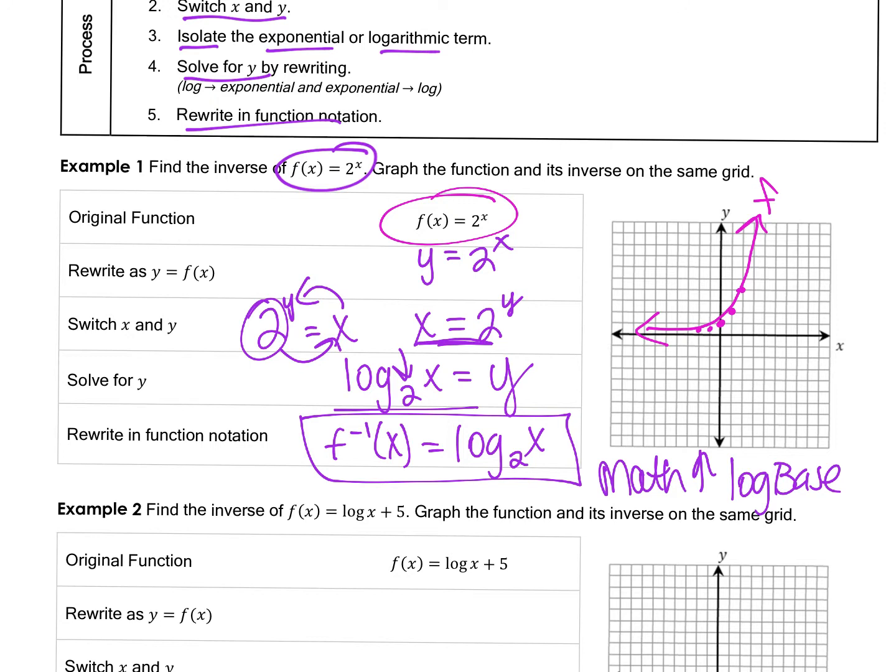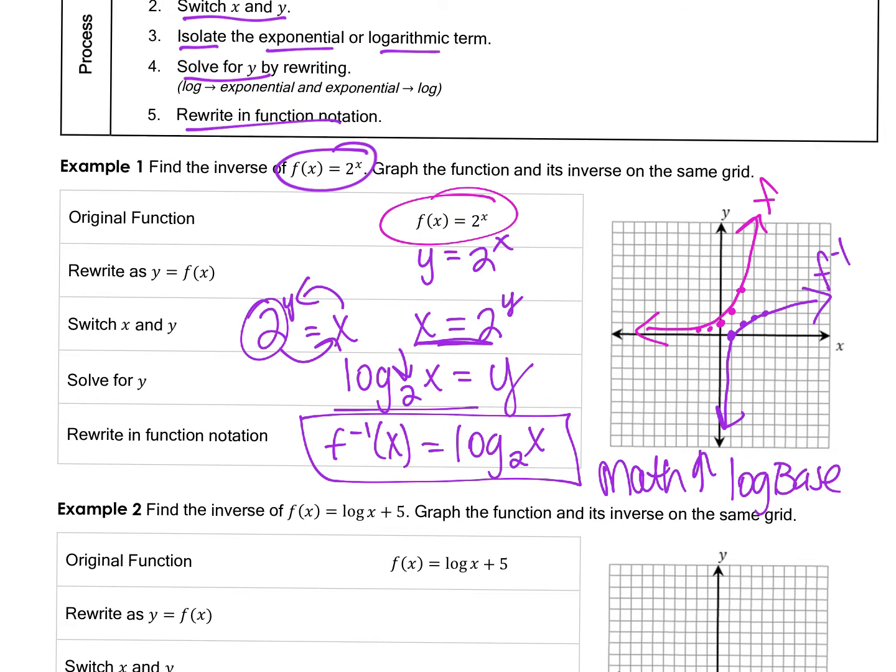When you look at your table, your points will be 1, 0; 2, 1; 3, 1.58; 4, 2. And remember, your log function will be approaching the y-axis.